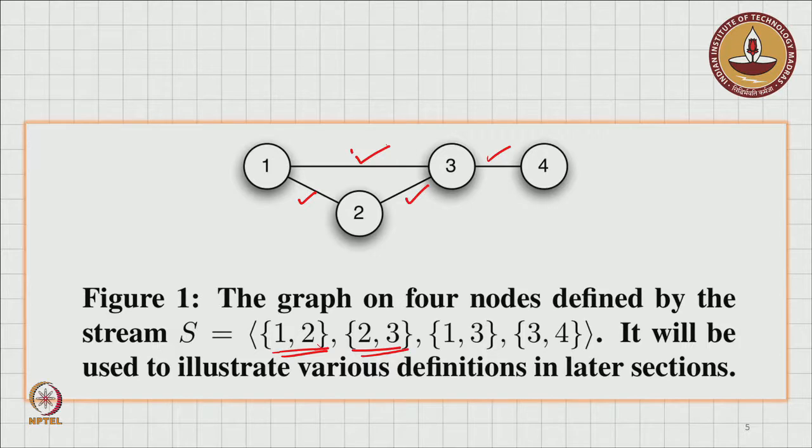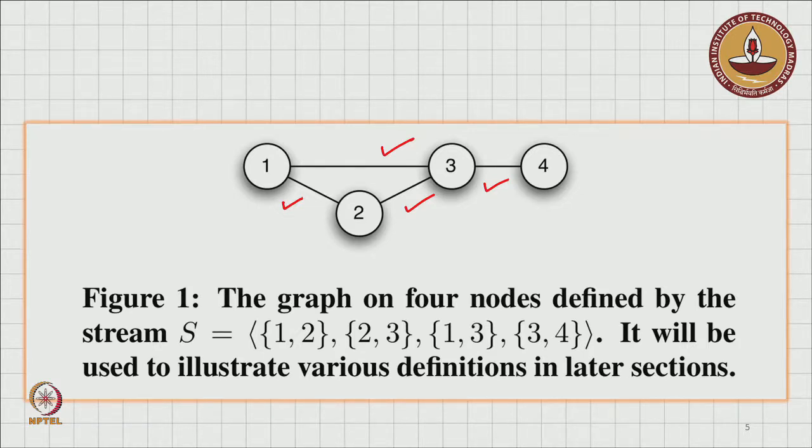We could have also gotten it in a completely different order. So for example, the first edge could have been 3, 4. Then the second edge could have been 1, 2. Then the third edge could have been 1, 3, and then 2, 3 at the very end. So we're not making any assumption about the order in which we're going to receive the edges, but we're going to receive the edges one after another, and with that we have to answer some questions.